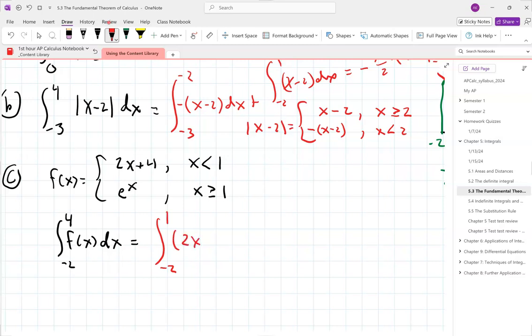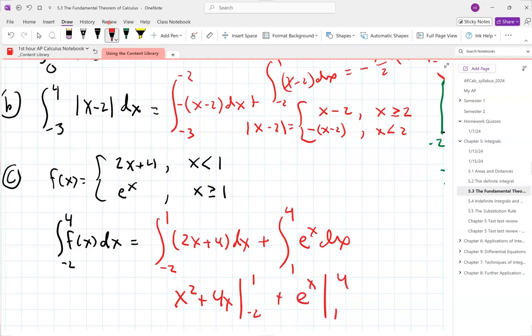And that should be the function 2x plus 4. And then we'll go from 1 to 4 e to the x dx. And then it's pretty straightforward from there, right? Antiderivative of 2x is x squared plus 4x. And then the antiderivative of e to the x is just e to the x. And we plug some stuff in and so on. Does that feel okay?